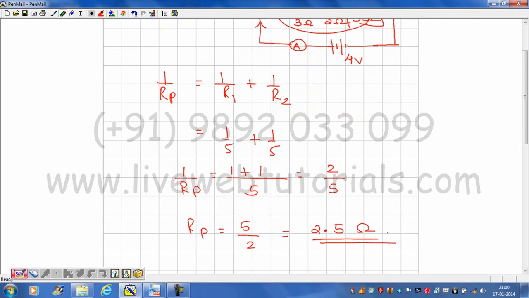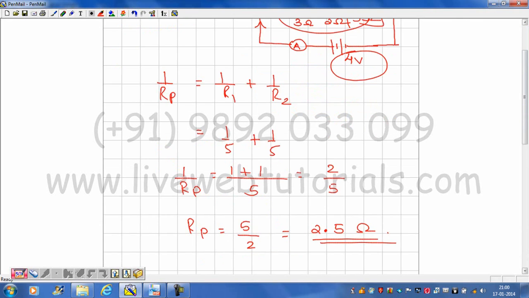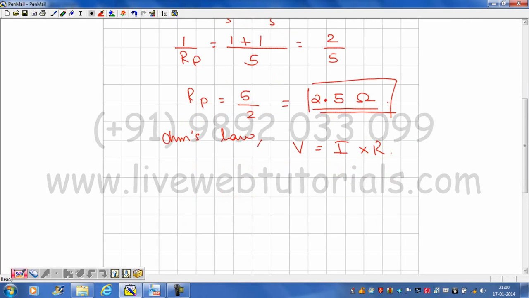One more thing that we are asked to find is how much is the total current. Now here the voltage of the battery or EMF of the battery is given, which is 4 volts. And the total resistance of the circuit we have just found out, it is 2.5 ohms. So I'm directly going to use the formula for Ohm's law. Ohm's law formula is V is equal to IR, or I into R. I'm supposed to find the current, so V divided by R will give me I, that is the current.